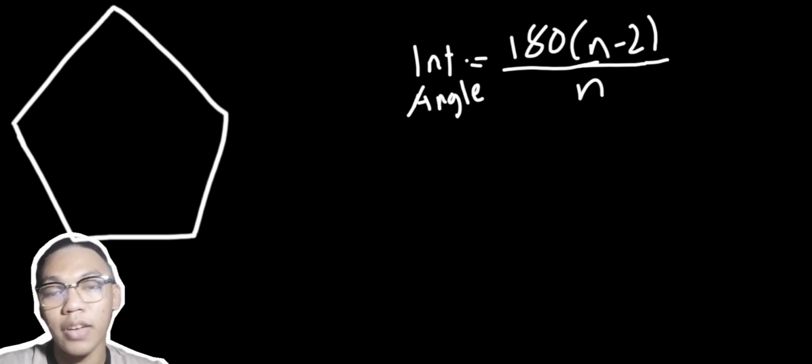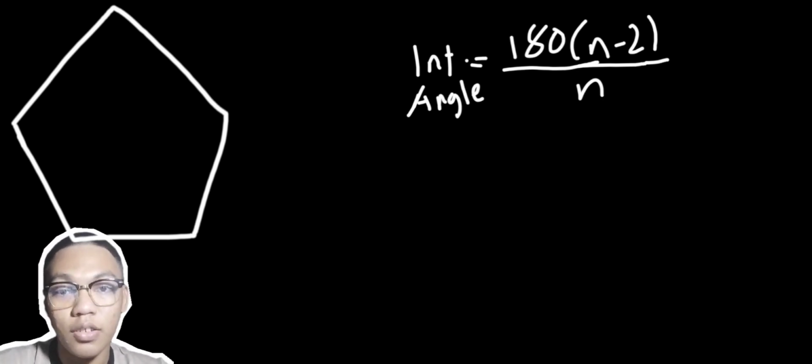Now, let's say we have a regular pentagon. My drawings are not perfect, but let's just go with it. Now, what is the measure of each interior angle of a regular pentagon? If we have a regular pentagon, that means all sides are congruent and the measure of each angle has to be the same. So we know that the total interior angle is 180 times n minus 2.